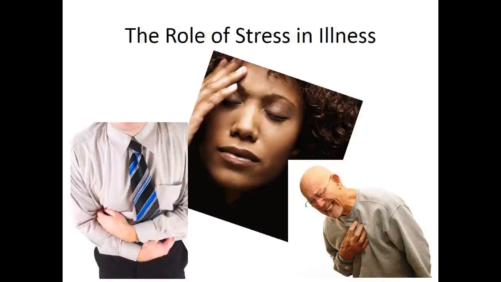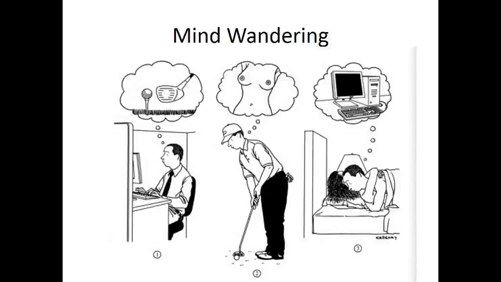The other part of this interesting virtual simulator that we call our minds, playing out various scenarios, is that besides the mind responding to potential threats, the mind wanders. And we'll talk about how mind wandering and stress sometimes go together.